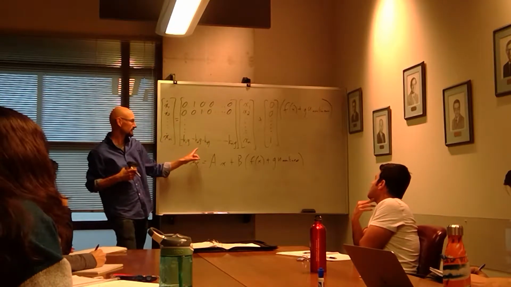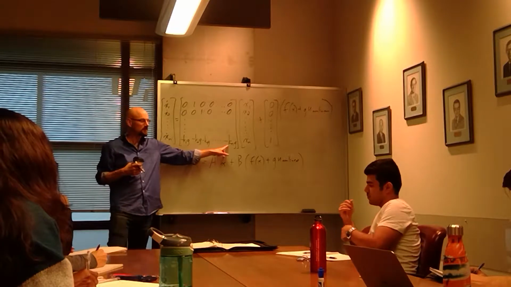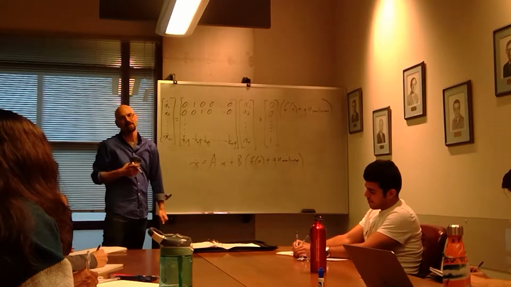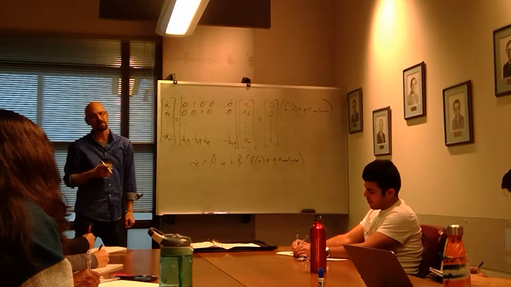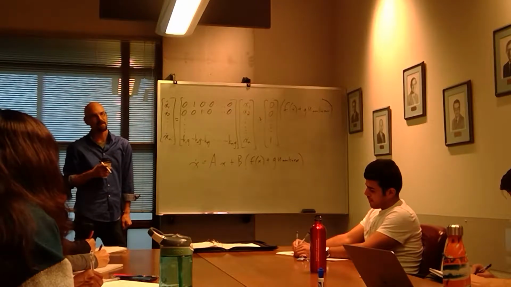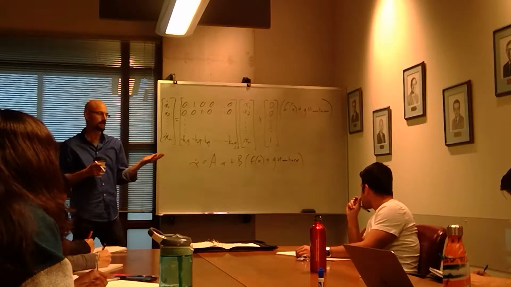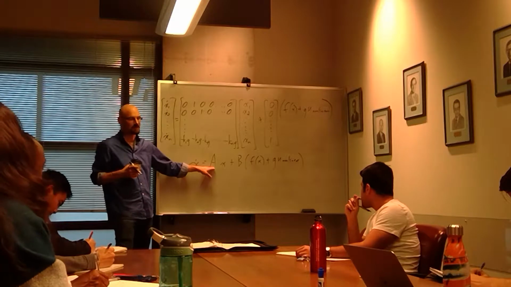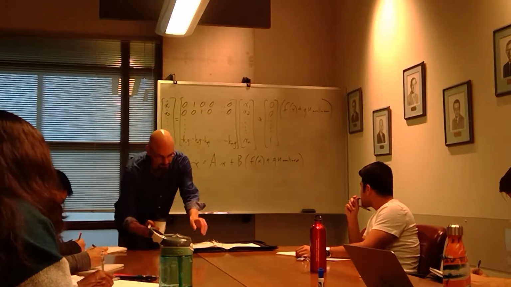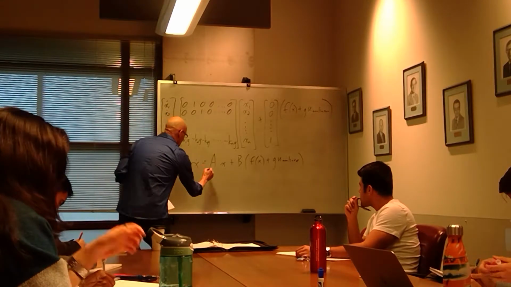When we see something in canonical form with negative elements all on the last row, you know it's a stable system. The real parts of the eigenvalues are negative, and so this matrix is basically a stable matrix. So call this the stable linear part.